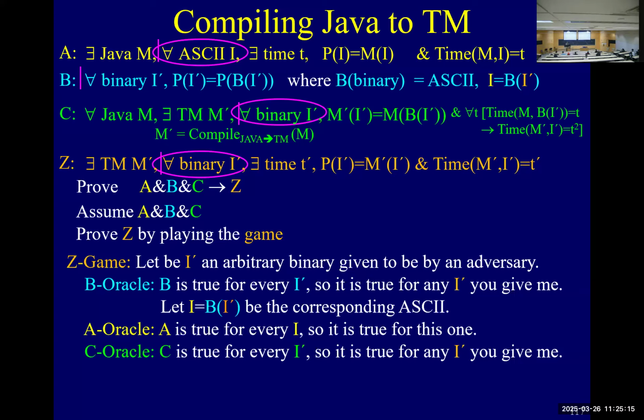And what does A do? Well, let's go back. I give A the ASCII, and she shows that it works. Here, right here. What do I do with my ASCII? I'm going to give my ASCII to those two people.